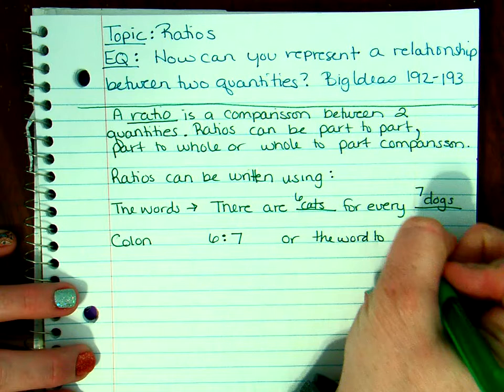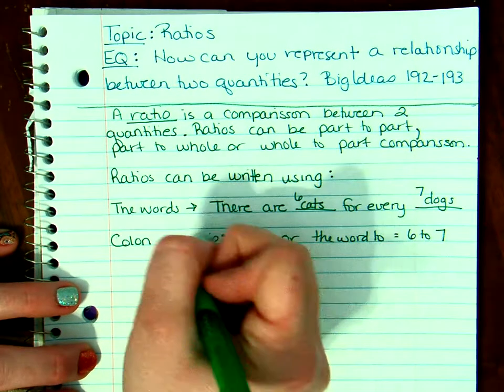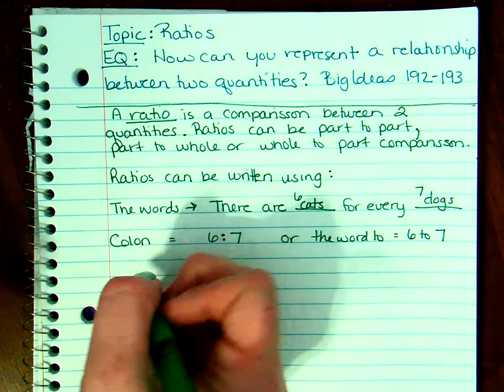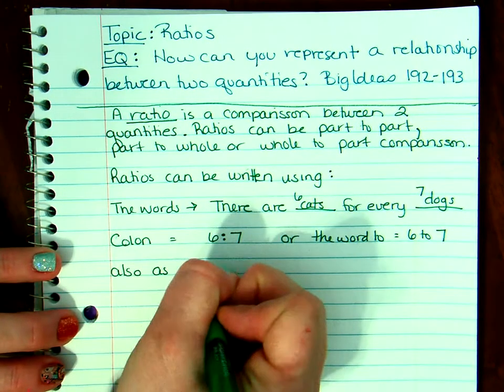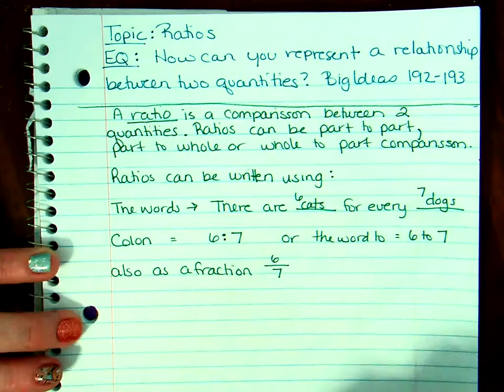So that would be like 6 to 7. So those are the 3 ways that we can write ratios. We can also write them as a fraction. So like 6/7.